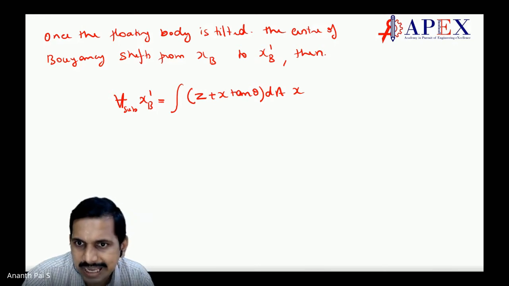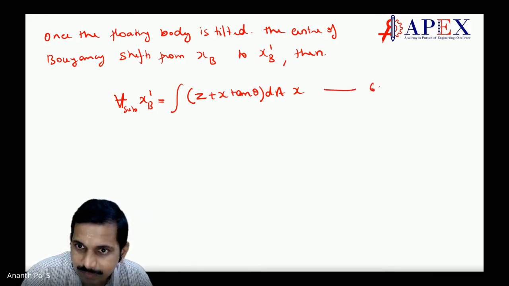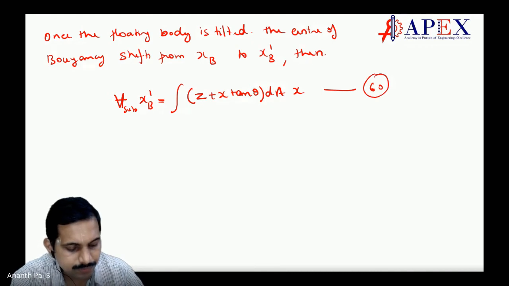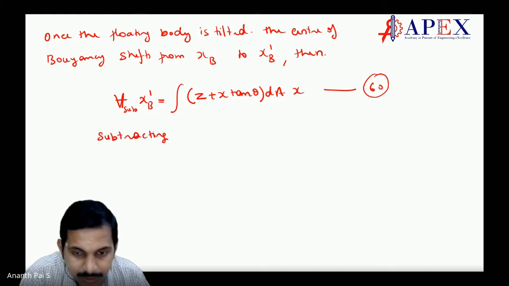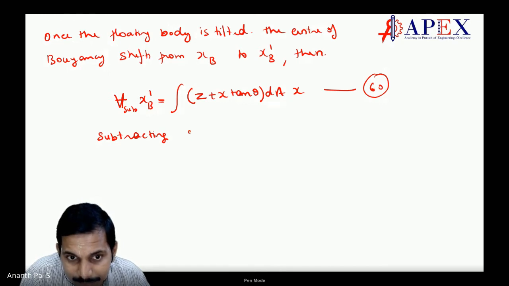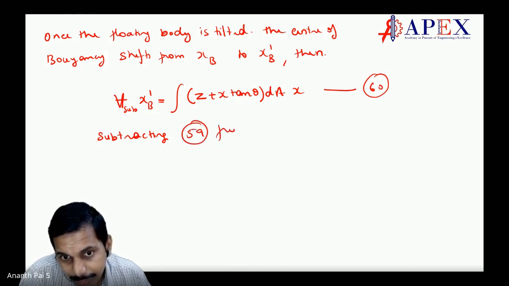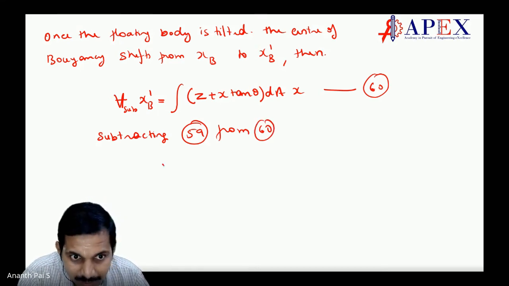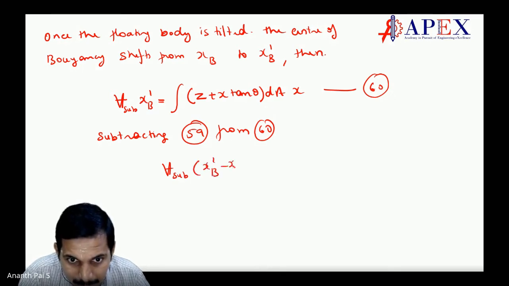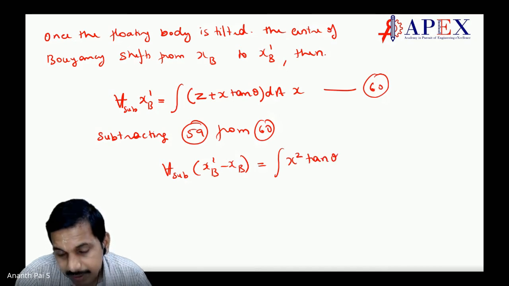Now let us take this as equation number 60. 59 is over, 60. Next one: subtracting equation 59 from 60, we get volume submerged into x_b dash minus x_b is equal to the integration of x square tan theta dA.